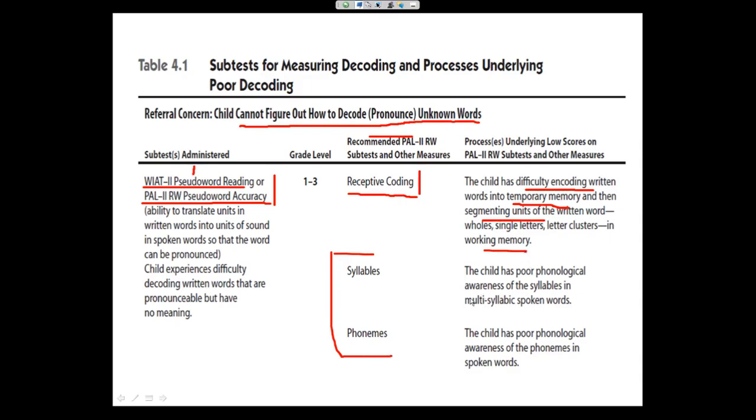For syllables, poor phonological awareness of the syllables in multisyllabic spoken words, and then poor awareness of the phonemes in spoken words. So again, what Dr. Berninger has done is for each of these components, there are specific instructional activities. If the breakdown is at the level of receptive coding, for example, how can you teach receptive coding?